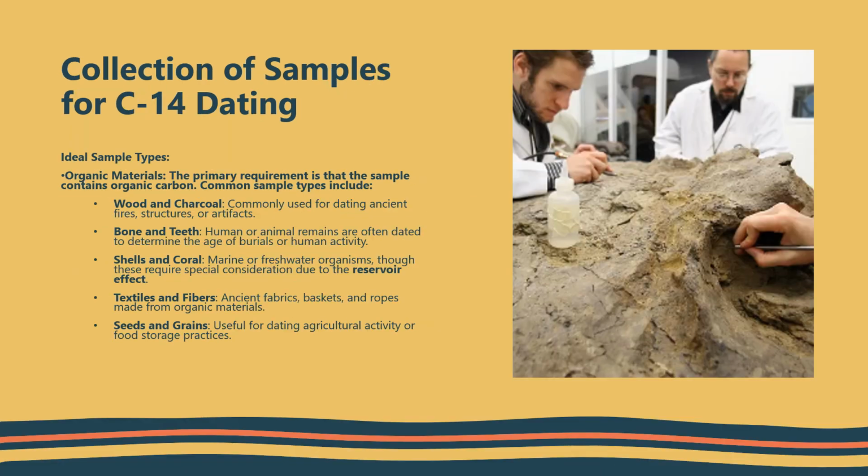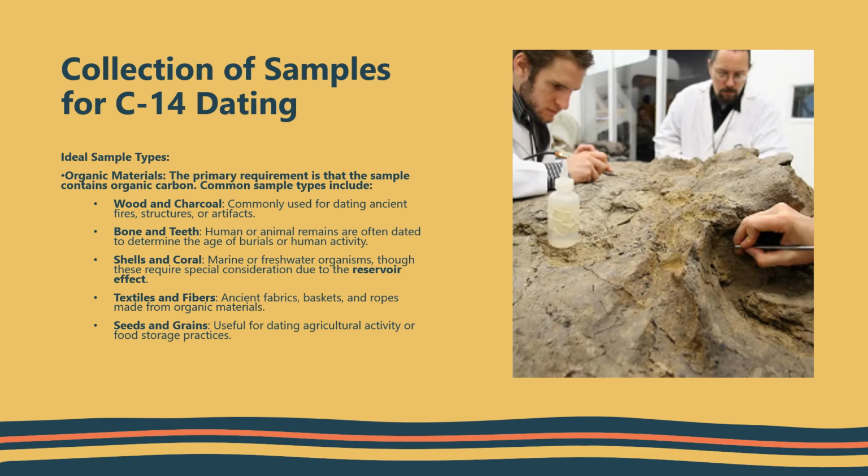Now, the collection of samples for dating. Finally, if we talk about how samples are collected for C-14 dating, the most important factor is ensuring that the sample contains organic carbon. These include wood, charcoal, bones, and shell.